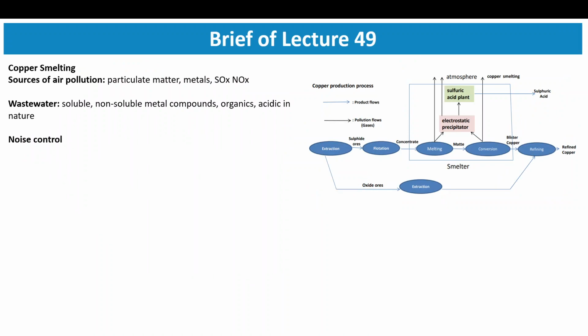Moving forward, the next industry that comes is copper smelting. These are smelting industries where you try to synthesize pure metal. Copper or iron or steel industries come into this category. If we look into copper production, first there are some ores which contain copper or which are rich in copper-containing compounds.